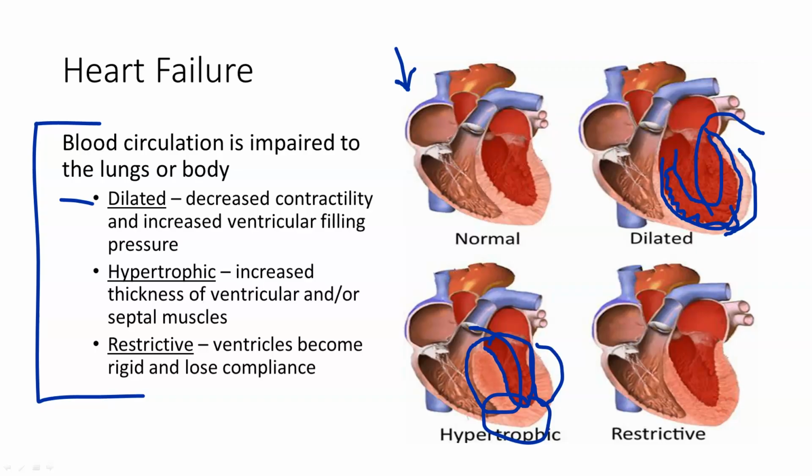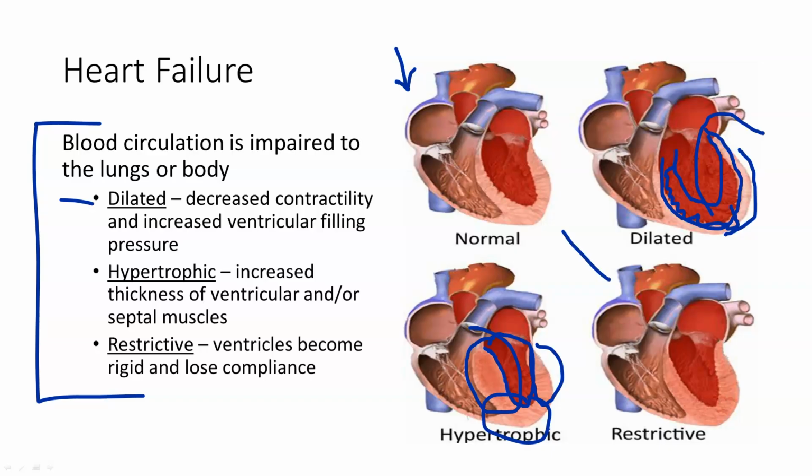And because it's thicker, it's not nearly as effective, because now I have this kind of super growth of tissue that is preventing it or requiring more oxygen of it or whatever it may be that makes it that bad pump. So just an increased thickness of the ventricular or septal muscles.